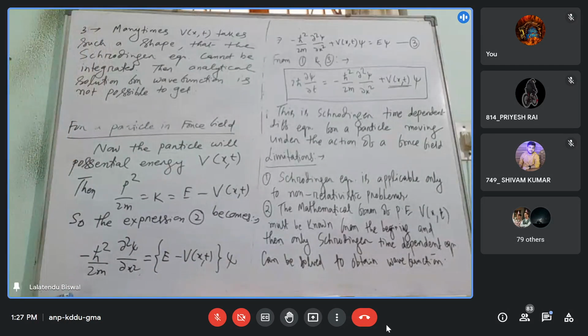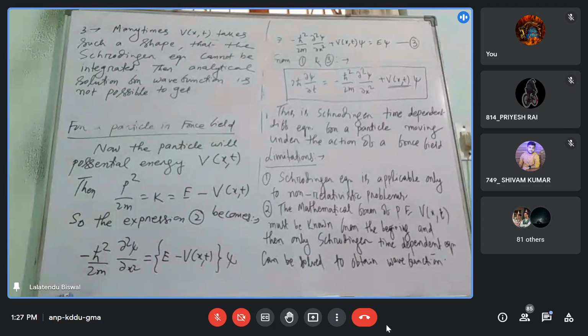Any doubt anyone is having regarding the derivation of Schrodinger time dependent equation? If you have no doubt, this Schrodinger time dependent equation is applicable for all cases.